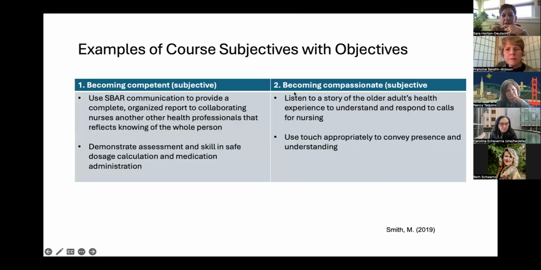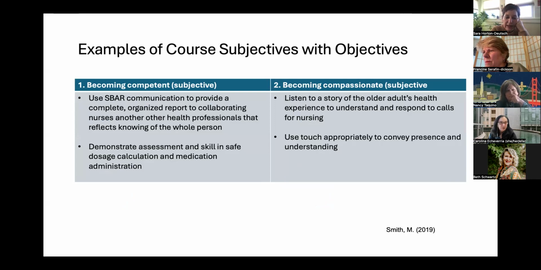they give examples of course subjectives with objectives. And you can see these examples have the example of 2 of the 6 C's. The first one is about becoming competent. And here's examples of how they language that.